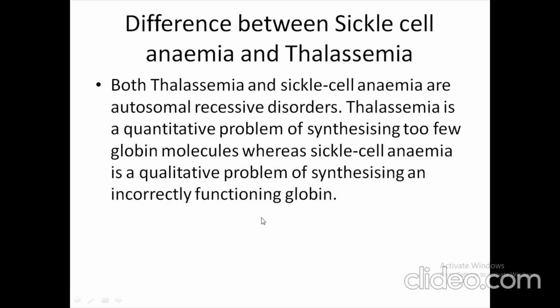It means in the case of sickle cell anemia, a non-functional globin chain is synthesized, whereas in the case of thalassemia, the quantity of hemoglobin is less.